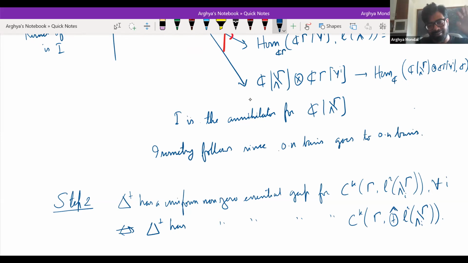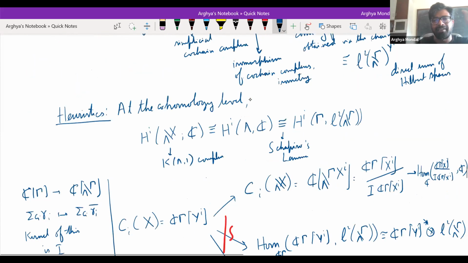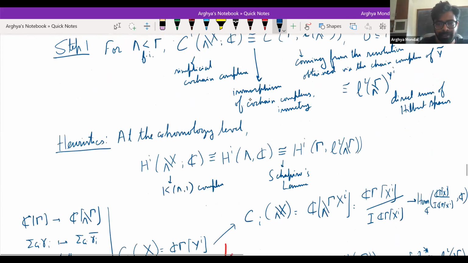So the takeaway is that I can identify the quotient complex for the spaces with the quotient complex for the group cohomology with twisted coefficients.